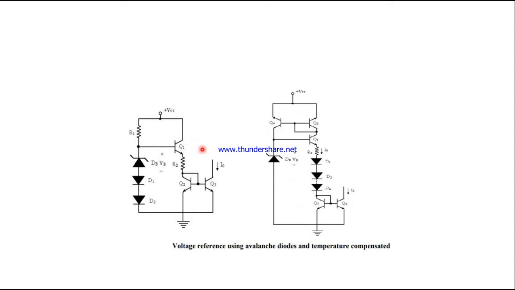Therefore, the voltage across R2 is approximately equal to VB. Since Q2 and Q3 act as a current mirror circuit, I0 is equal to the current through R2. Therefore, I0 equals VB divided by R2.